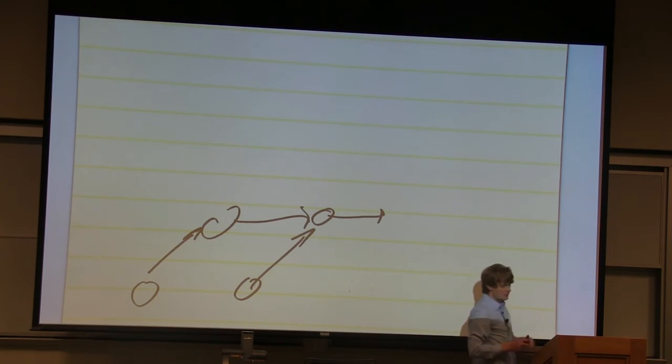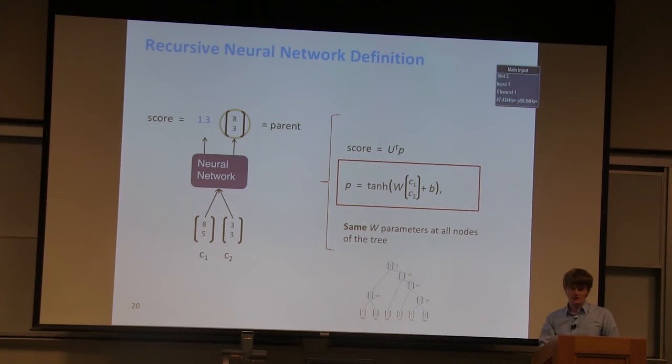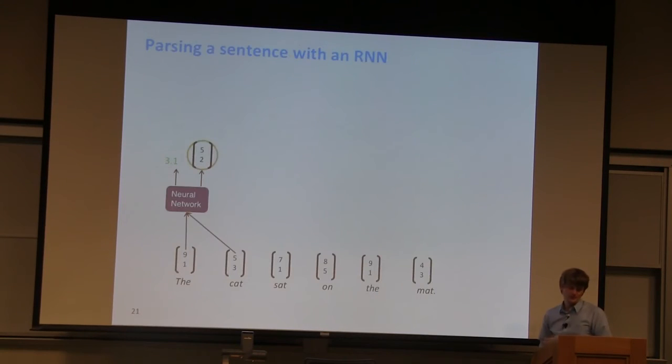Cool. All right. So now let's say we had a trained model that gave us high scores for when we actually think two words should go together, and low scores when they don't. So now the simplest way, and the only way we're really going to look at it in this class, is with a greedy tree search.